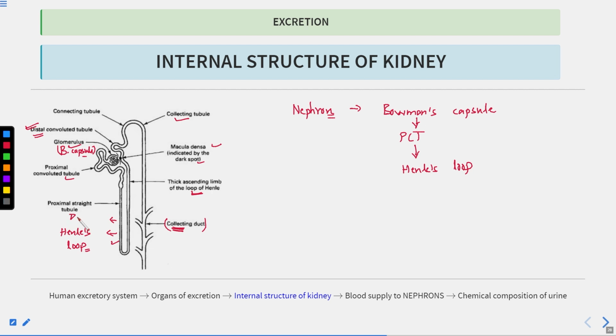This is the descending loop of Henle. Henle's loop is further connected to the distal convoluted tubule, and the distal convoluted tubule further merges into the collecting duct. So this is the structure of the nephron.